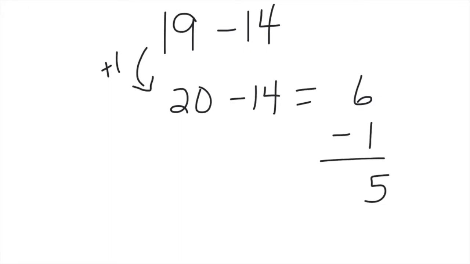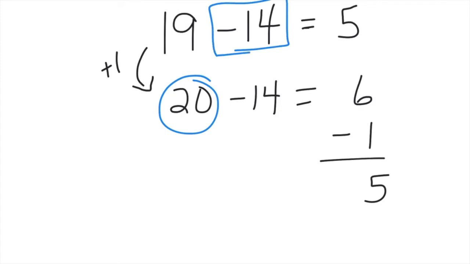Now, it's so important that you have kids with these simpler problems prove it with a picture. Show both of these equations on a number line and why they are the same difference. Okay? Here we can see we started with 20 and we actually subtracted 14 and we subtracted 1.